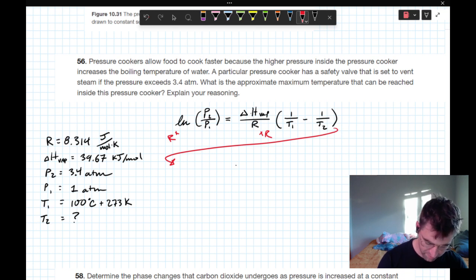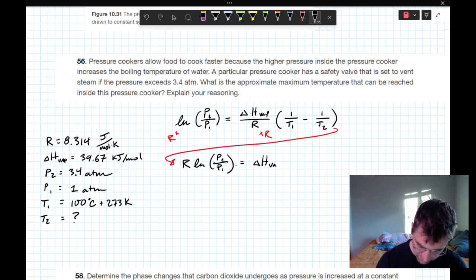So we have, let me do this in black, keep it consistent. Multiply both sides by R, ln P2 over P1 equals delta H of vaporization, times 1 over T1 minus 1 over T2.